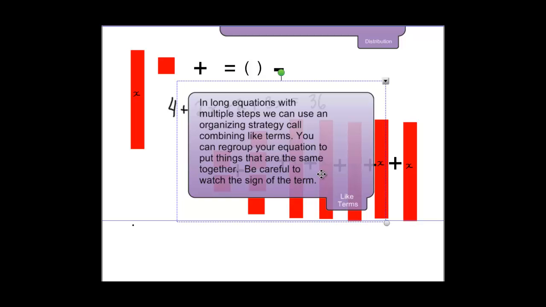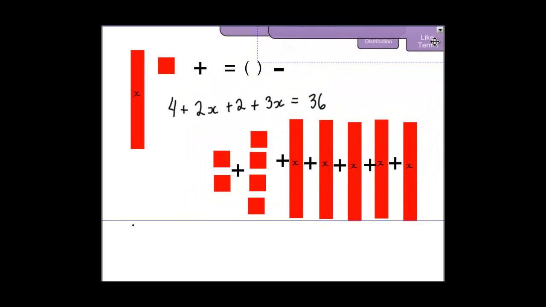I'll leave that up for a bit, and maybe we can just pause the video. All right, so got that definition down. That's our first organizing strategy. Now, what does this look like in terms of mathematics?